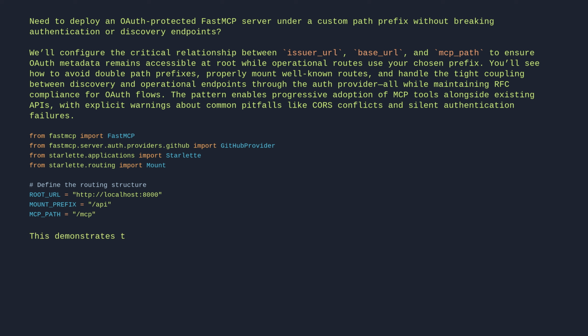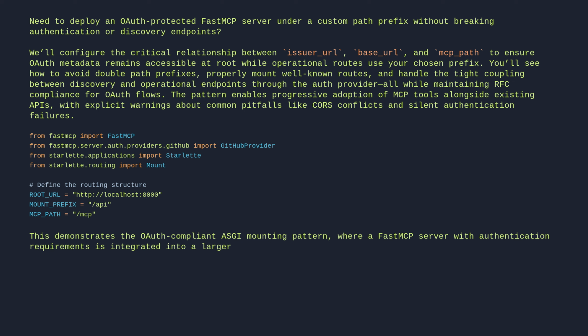This demonstrates the OAuth-compliant ASGI mounting pattern, where a FastMCP server with authentication requirements is integrated into a larger web application while maintaining RFC-compliant endpoint locations.